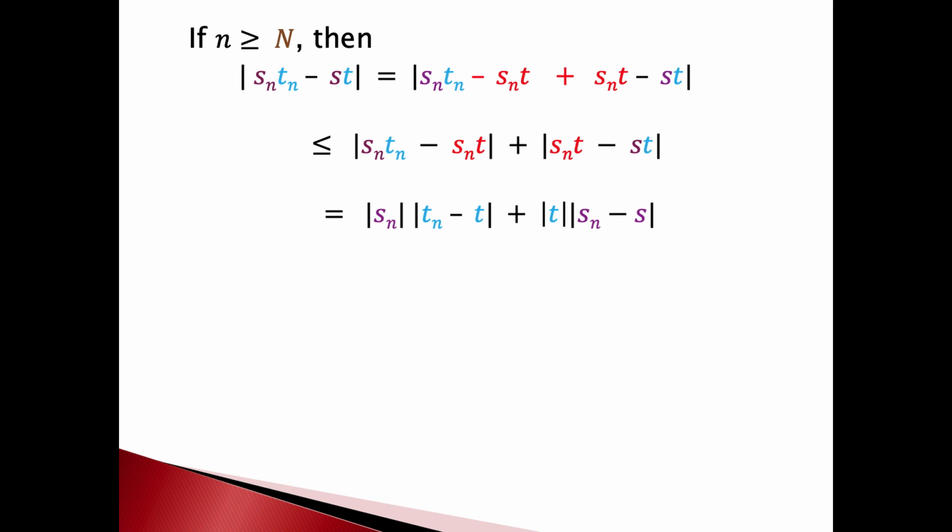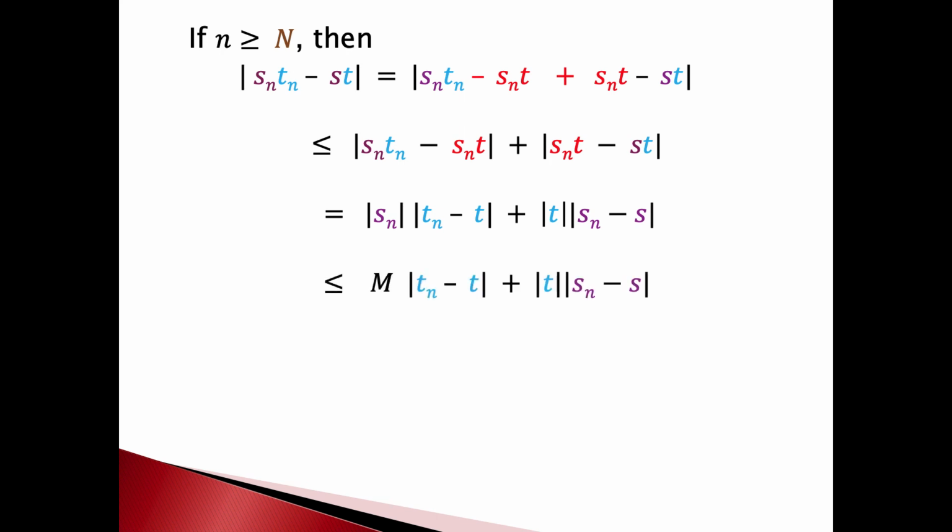Before I throw that in, let me do one other thing. What do I know about the Sn's? Well, we said at the beginning the Sn's were converging, so we could use the definition, and we will. But we also know that because they're converging, the Sn's are bounded. So the biggest that the absolute value of Sn could be is M. What about the T? Well, let's just leave that there for now.